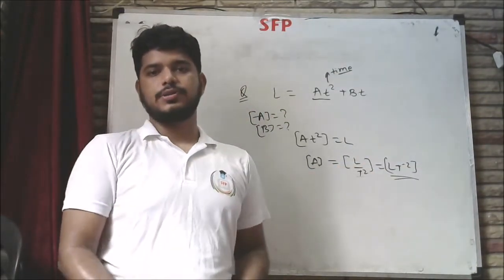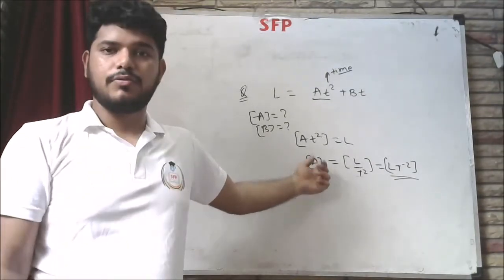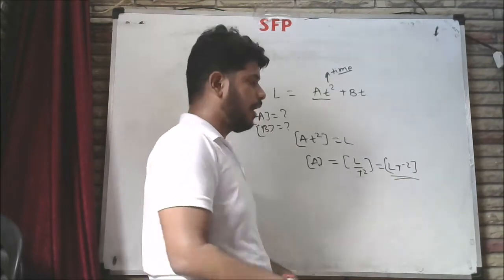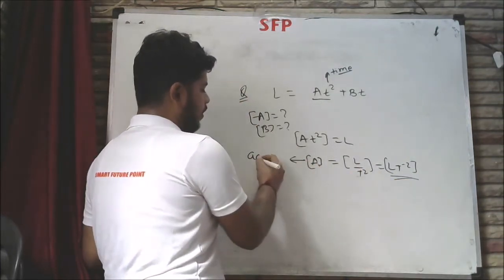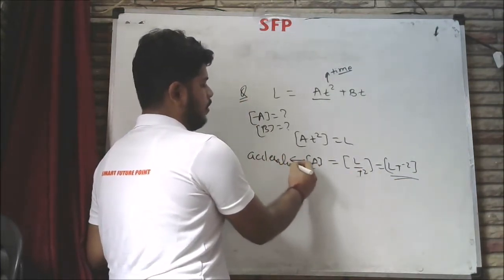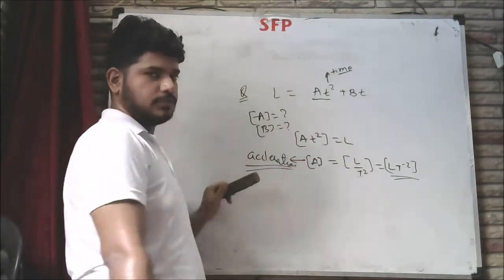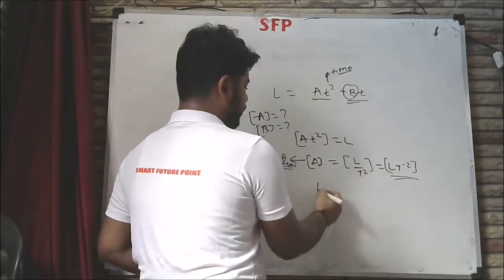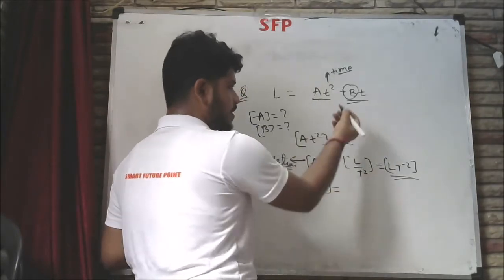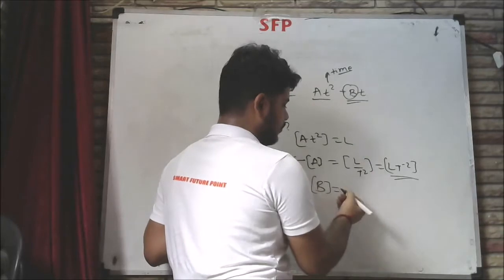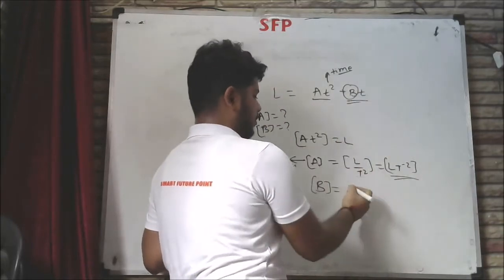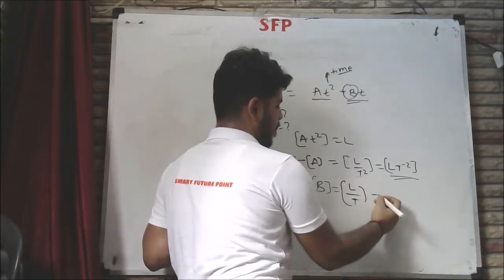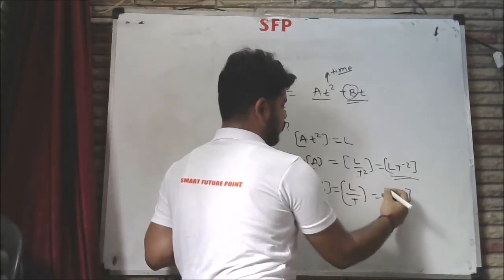If I ask what this value of A is, what will you say? LT minus 2, and we have found that this is nothing but the dimension of acceleration. Fine. Second, if we take B, what is B? bt will have dimension equal to L, so b is L by T, that is LT minus 1.